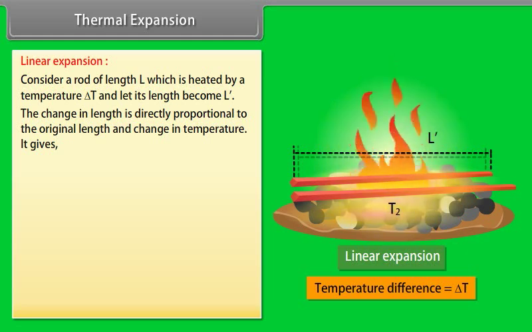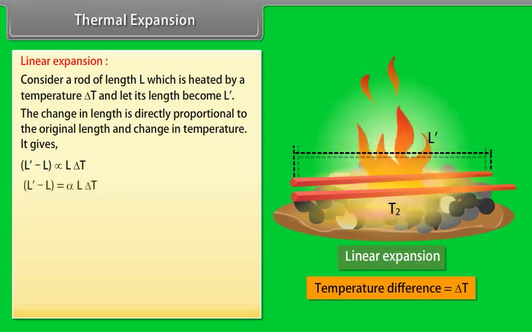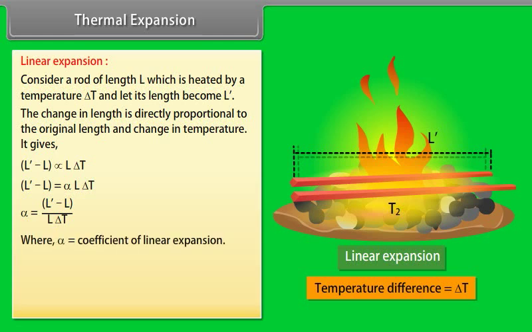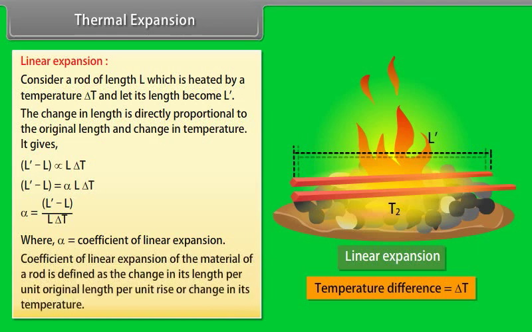It gives L dash minus L is directly proportional to L delta T, or L dash minus L is equal to alpha L delta T. The value of alpha is equal to (L dash minus L) upon L delta T, where alpha is the coefficient of linear expansion. The coefficient of linear expansion of the material of a rod is defined as the change in its length per unit original length per unit rise or change in its temperature.